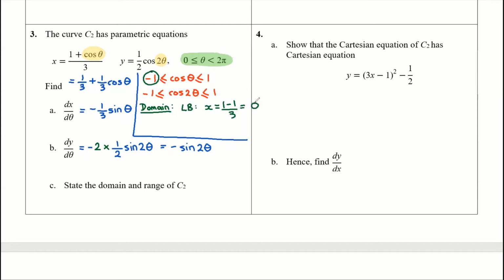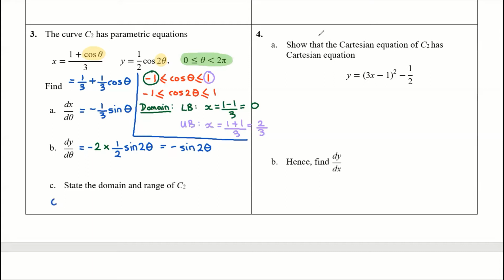Using the lower bound. And for the upper bound, I'm going to plug in 1. So x would equal 1 plus 1 over 3, which of course equals 2/3. So by putting restrictions on cos theta, we also put restrictions on x and consequently y, which we'll see in a minute.